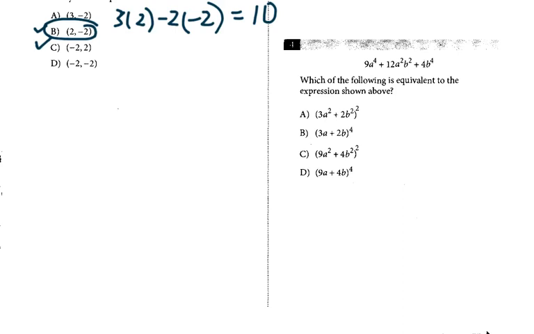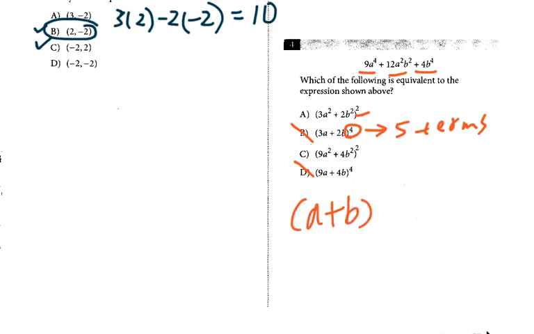And for number 4, it's easy to figure out that it will be a square, because you are supposed to get 3 terms. If it's a fourth power, then you will get 5 terms. That's why B and D are gone. So I look at A and C. You know the square, and we use (a plus b) squared equals a squared plus 2ab plus b squared.